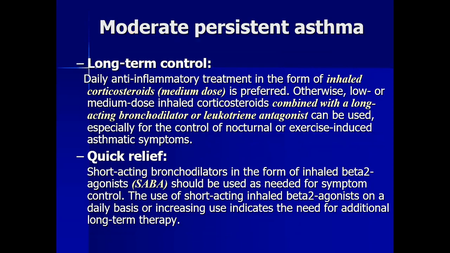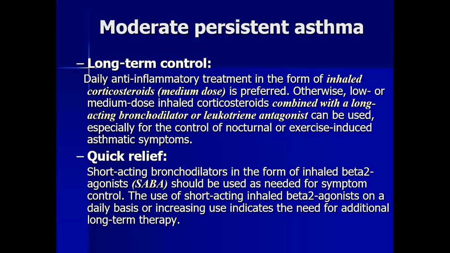Moderate persistent asthma: long-term control, and we have quick relief. In case of long-term control, daily anti-inflammatory treatment in the form of inhaled corticosteroids is preferred. Otherwise, low or medium dose inhaled corticosteroids combined with a long-acting bronchodilator or leukotriene antagonist can be used, especially for control of nocturnal or exercise-induced asthmatic symptoms.